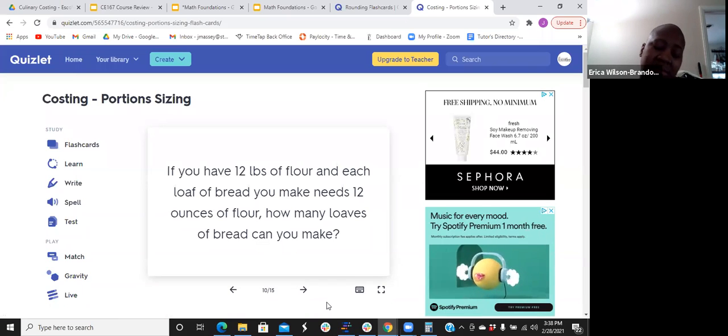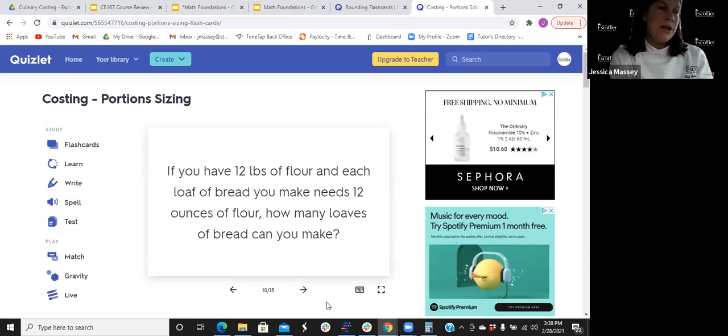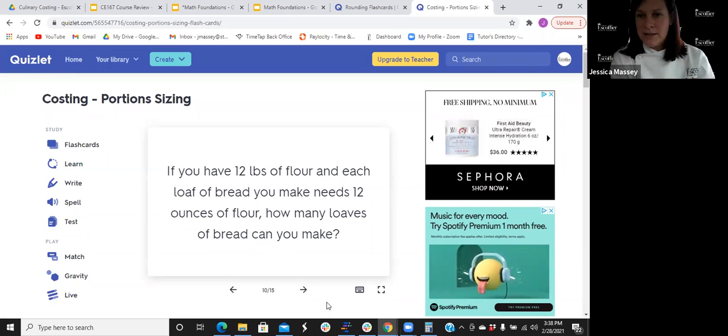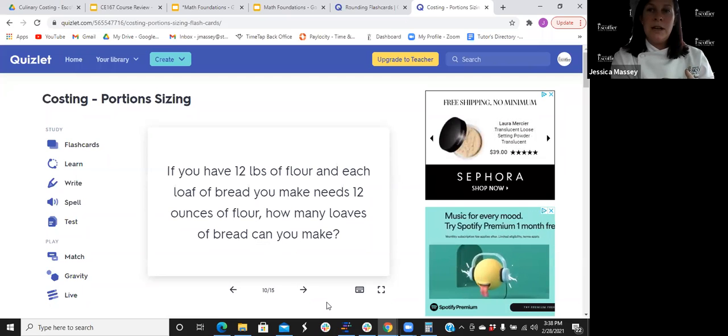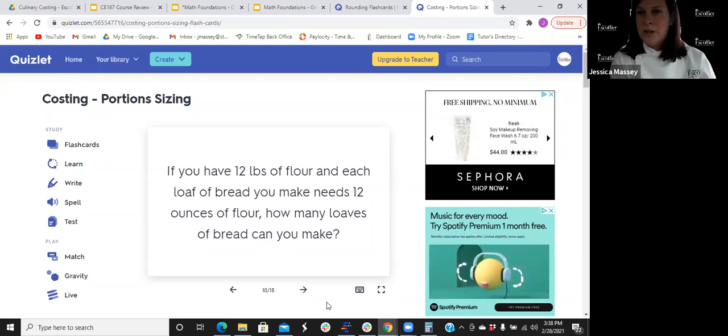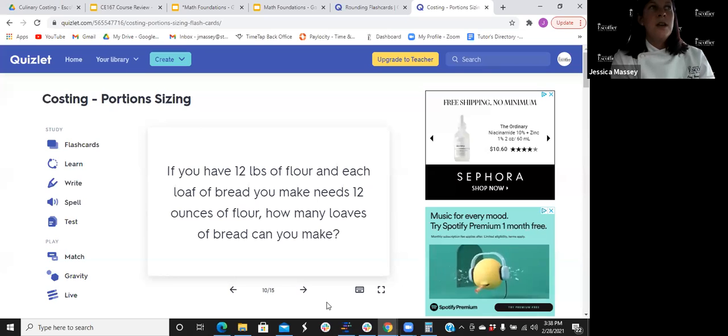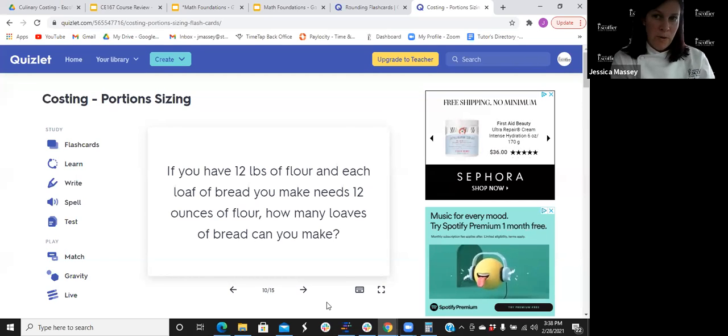Yeah, exactly. So when it's asking you how many you need, it's basically asking how much would you need to buy in order to fulfill this? How much would you need to make in order to fulfill this order? Or how many servings can you serve if you only have this much available?